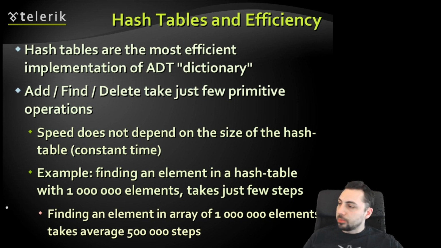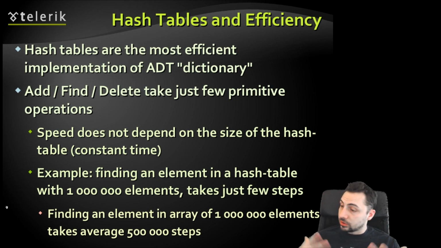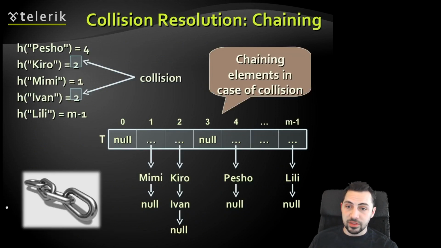So the only complexity is the hash function. And since the hash function should run in the same amount of time for any data type, we can do it very quickly. So it's a constant time operation. Adding, finding, deleting, they all take very few operations. And it doesn't matter the size of this array.